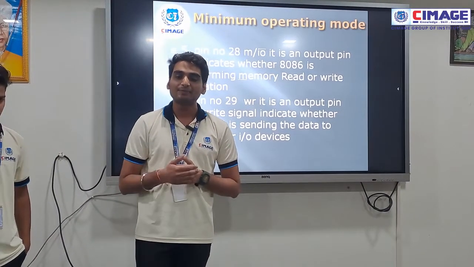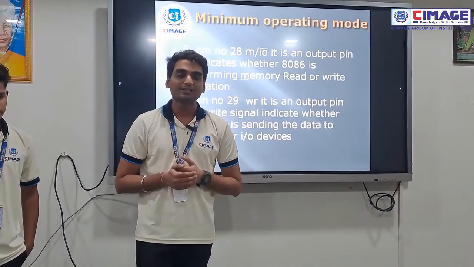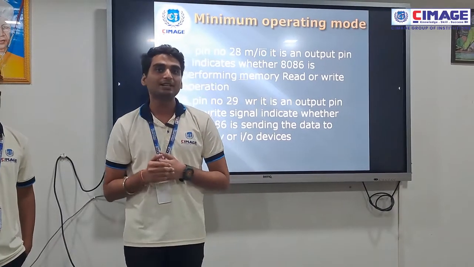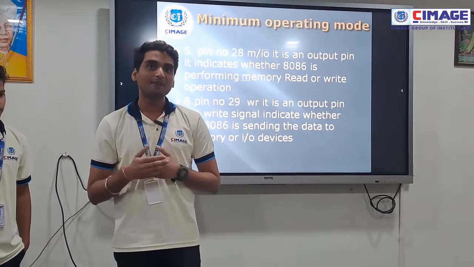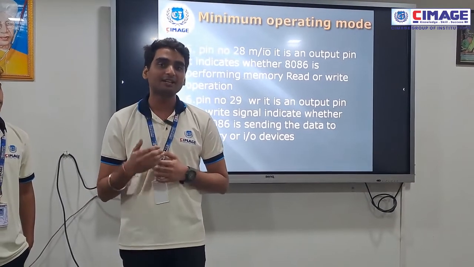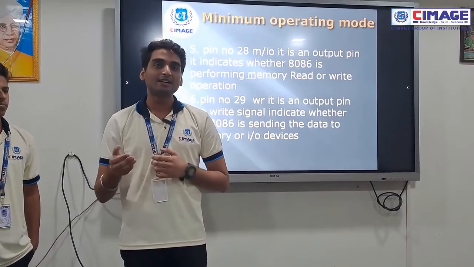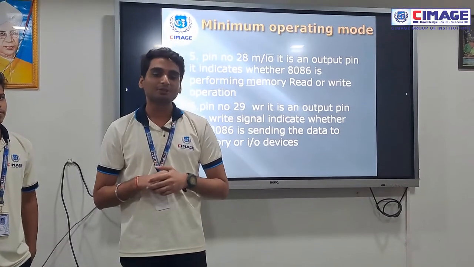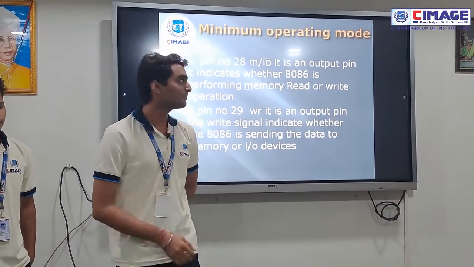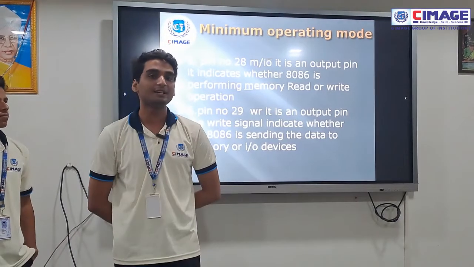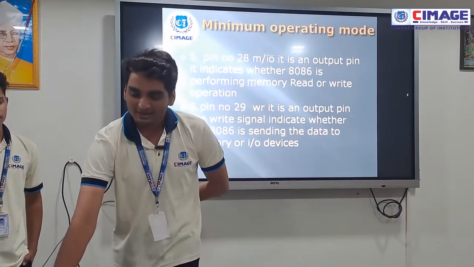Basically these are the operations done by the CPU when it needs to write or enter any data into the memory, and when it needs to take data from the memory. So this is the performance, and this is the operation in minimum operating mode.